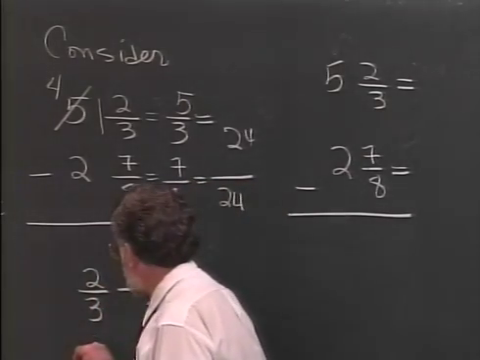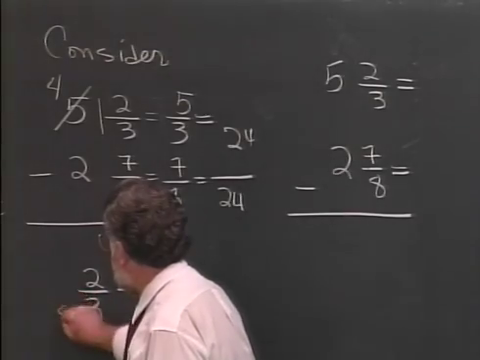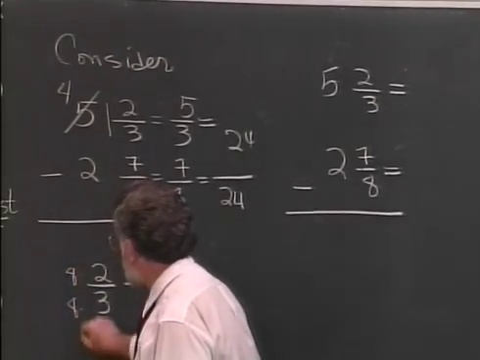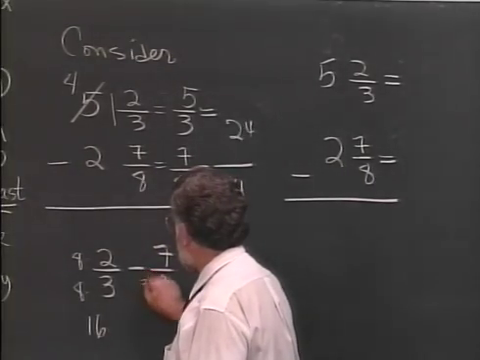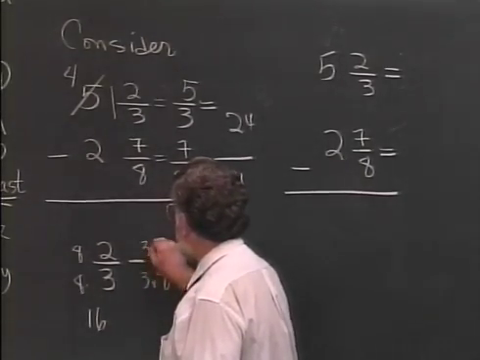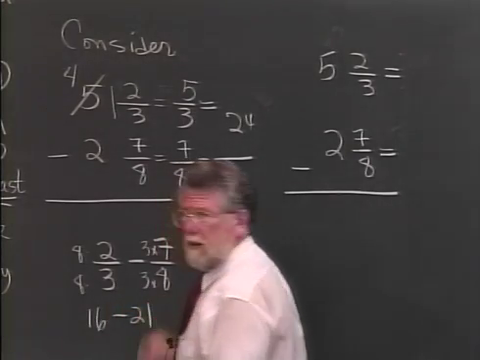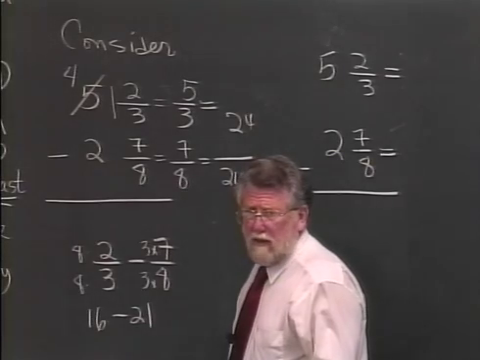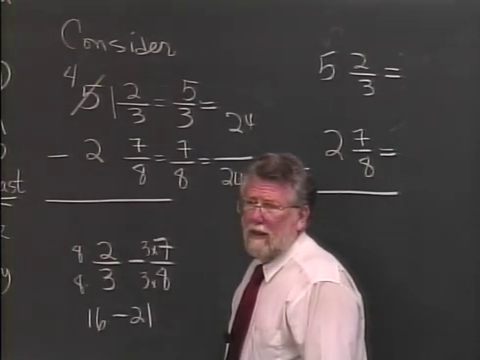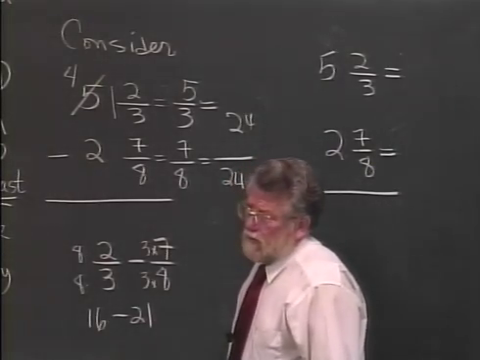This is over 24, so this would be an 8 here and an 8 here. We know that already gave us a 16. Here I'd have to multiply by what? A 3, and that would give us a 21, and I can't subtract 16 minus 21. I have to think in terms of borrowing.